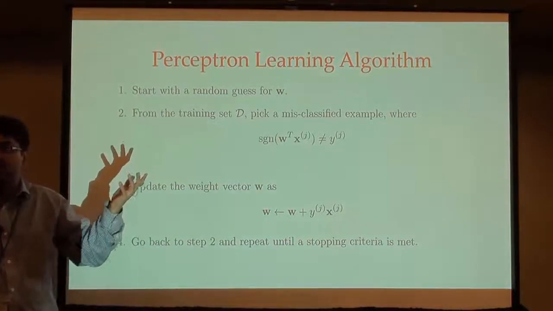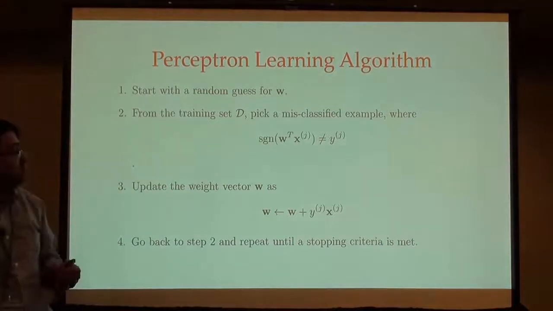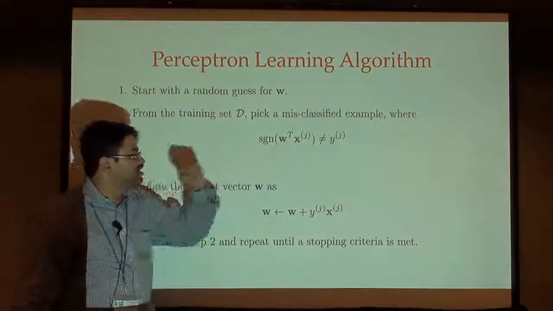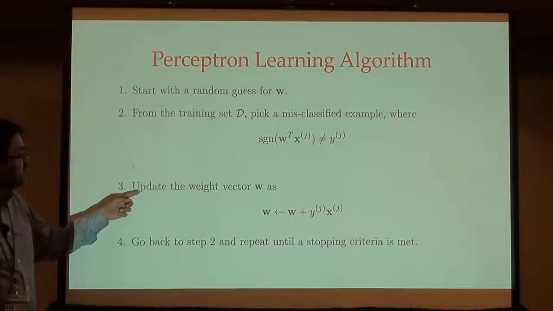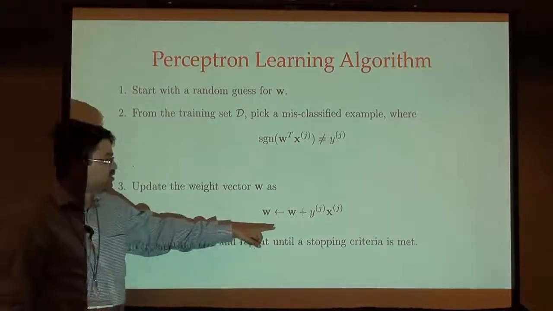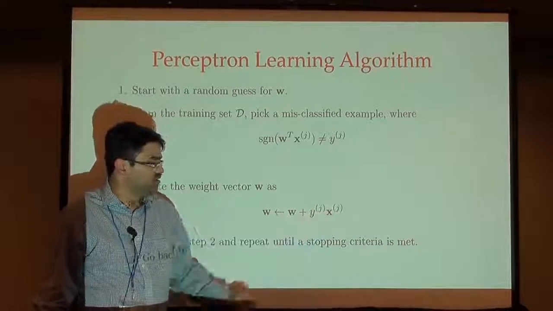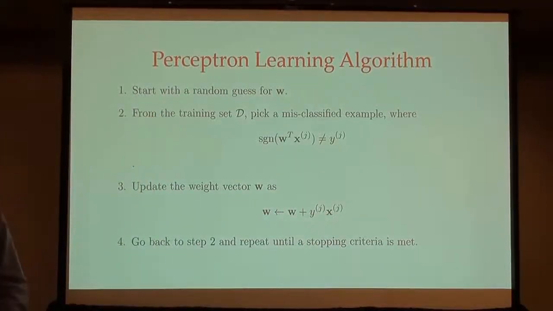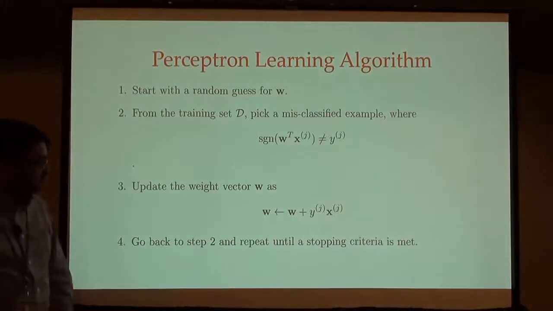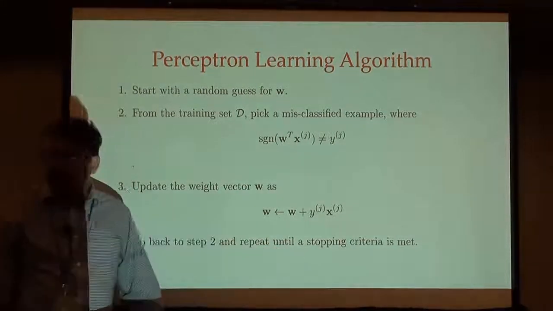If everything is properly classified, you have your classifier. Pick one of the ones that is misclassified. Then you update the weight vector as W plus Yj times Xj. Okay? That's all that you do. And you keep doing it until the stopping criteria is met.